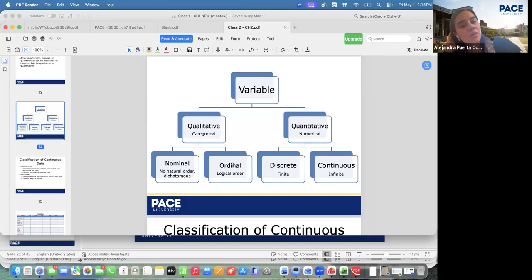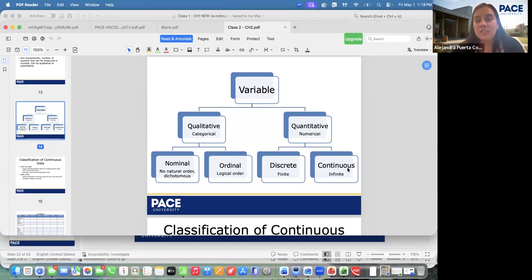And then ordinal is when you have a logical order. So if you have education, you have middle school, high school, undergrad, master's, postgraduate education, right? That would be the logical order. And then in the quantitative, we have discrete that are finite, right? So how many dogs do you have in your house? 3, 4, 5 dogs.